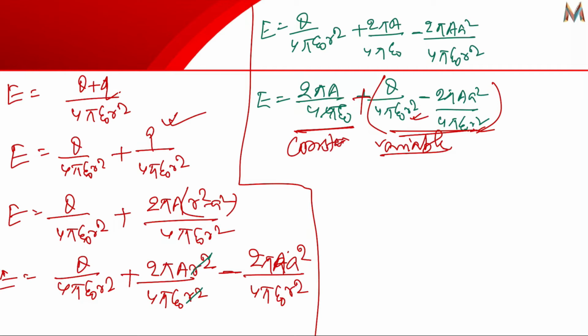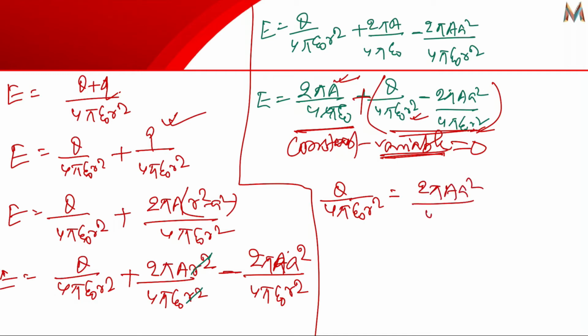As it is asked in the question, we have to find the value of A so that the electric field remains constant. So this variable part must be equal to 0. Based on that, we write Q by 4 pi epsilon naught r square equals 2 pi a square A upon 4 pi epsilon naught r square.